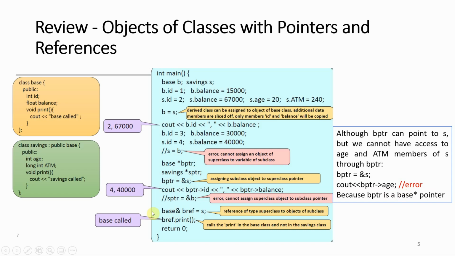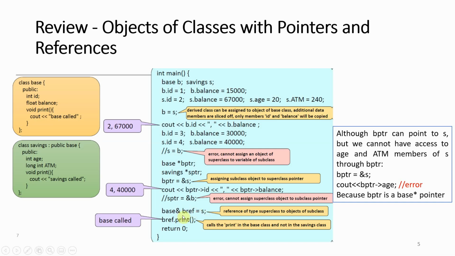Same story about reference variables. If bref is a reference variable of type base, you can assign an object, so you can basically have a nickname for S. This one is possible.